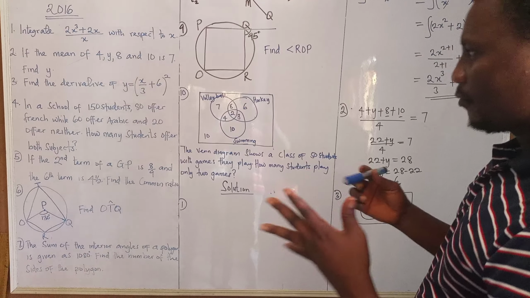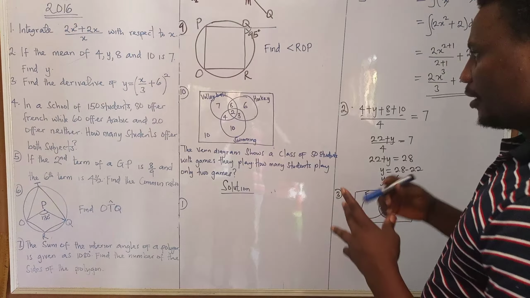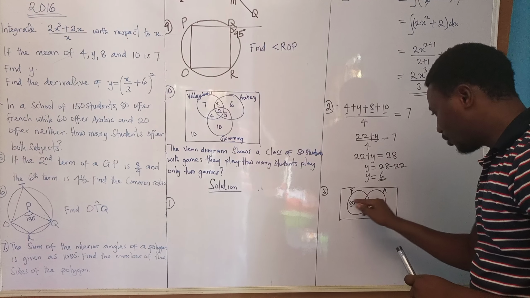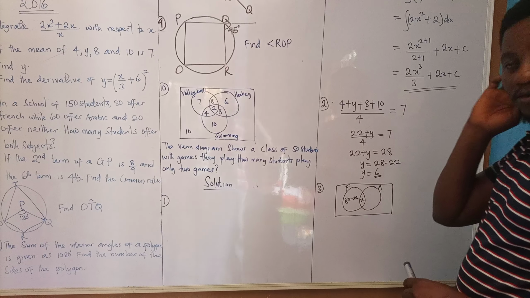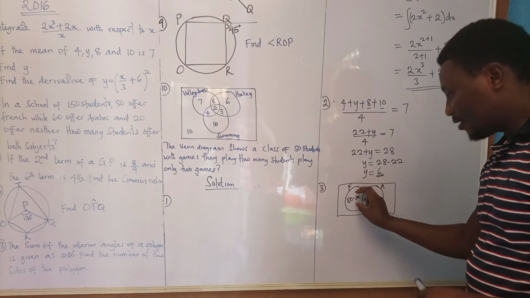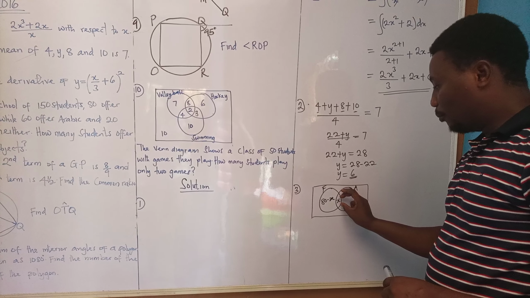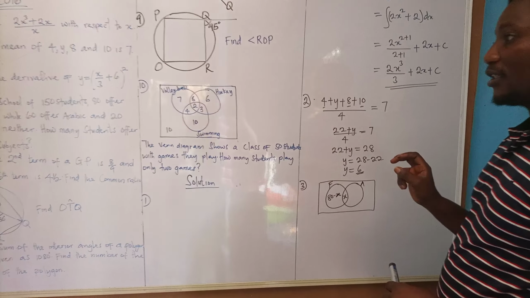So we are being told that there are 150 students in the whole school. This is the school. 80 offer French. This is French. For 80 to offer French, the people that offer only French will be 80 minus X, because this is the circle for French. So when you add these two together, it will still give you 80. That is to tell you that 80 minus X offered only French, and X offered both French and Arabic.